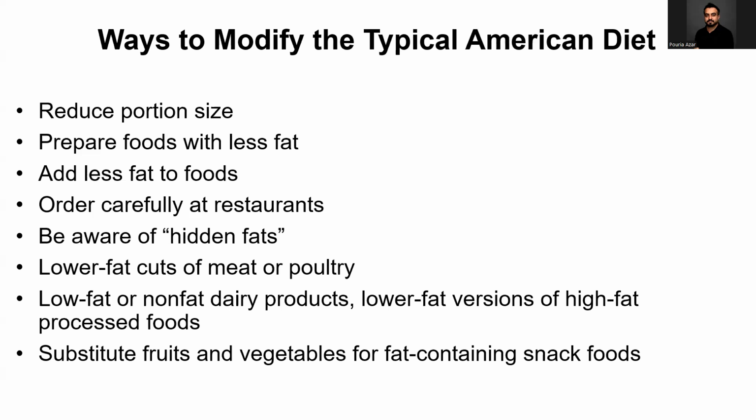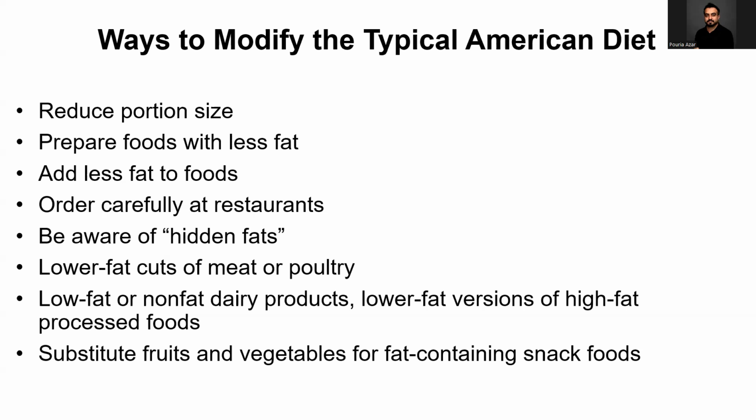But there are some ways to modify this typical American diet by reducing the portion size. We can prepare foods with less fat. We can add less fat to foods. We need to order carefully at restaurants. We need to be aware of hidden fats. And it's better to replace high fat dairy products with low fat or non-fat versions.